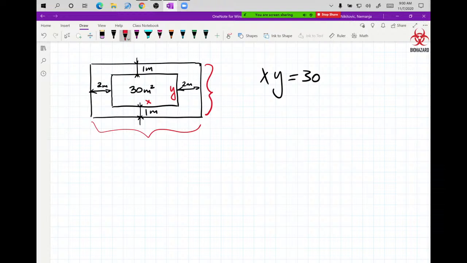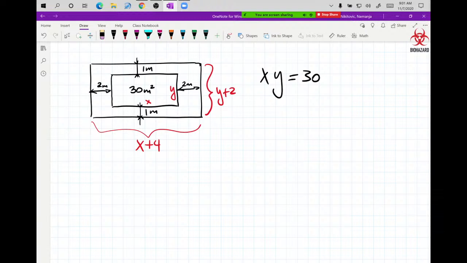So this one over here would be x plus 4, because you see that there is the x length in between the two red lines, and then plus 2 and 2 on each side. So it will be altogether x plus 4. And y plus 2, same deal. On the side, you would have y and then add 1 meter on top and the bottom.